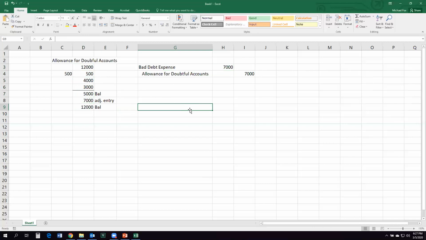Don't we need to do an extra entry to show that our balance is 12,000? What do you mean? For the beginning of the period, you will need $7,000. Don't we need to now show that the balance is again up to 12,000? So that's what I did right here.